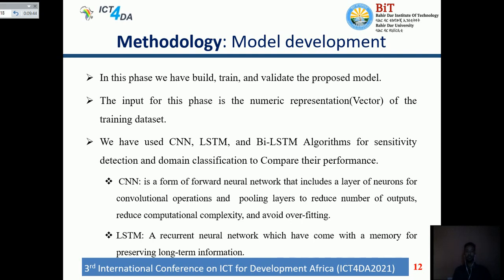The literature may say BLSTM performs best over CNN or LSTM, but unless we check with an experiment, we cannot be sure whether it is true or not, because those deep learning algorithms may depend on the type of the application, the dataset, or the length of the input. So to select the best performing deep learning algorithm, we have done an experiment for those three algorithms.